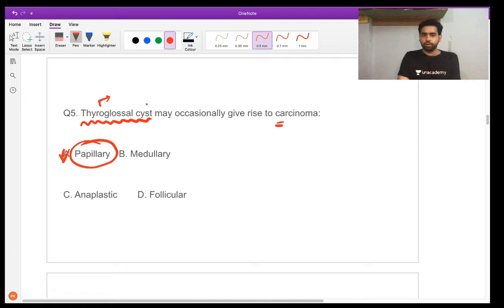Okay, and what about the complications? It can get infected, it can lead to a thyroglossal fistula. And what about another important complication? Malignancy can occur. Which malignancy? A long-standing thyroglossal cyst will give rise to papillary carcinoma of thyroid. Now, what is one of the important predisposing factors for follicular carcinoma of thyroid?